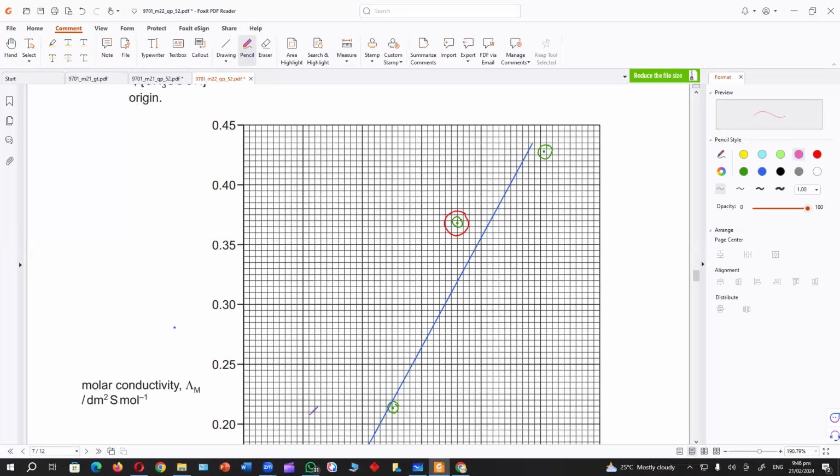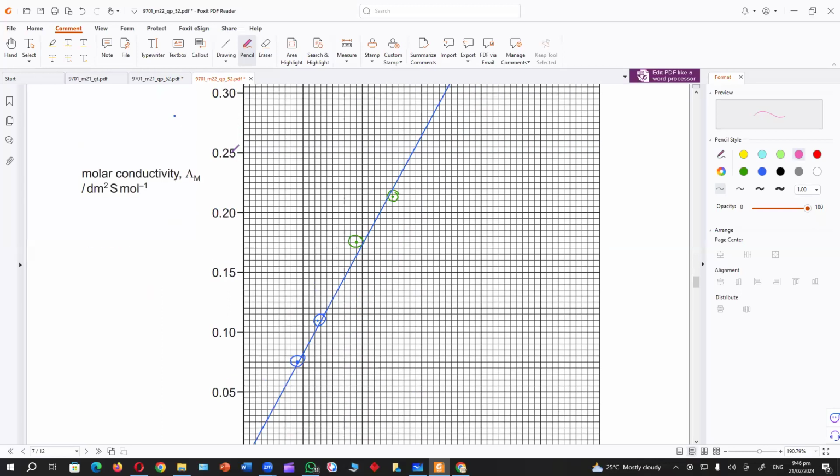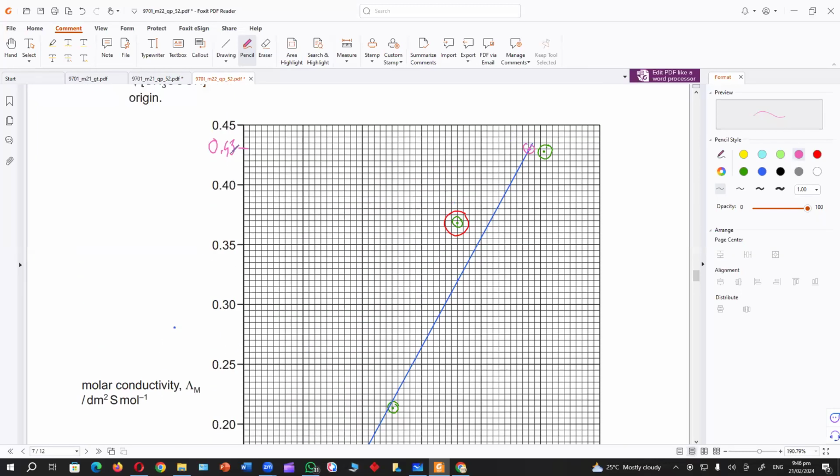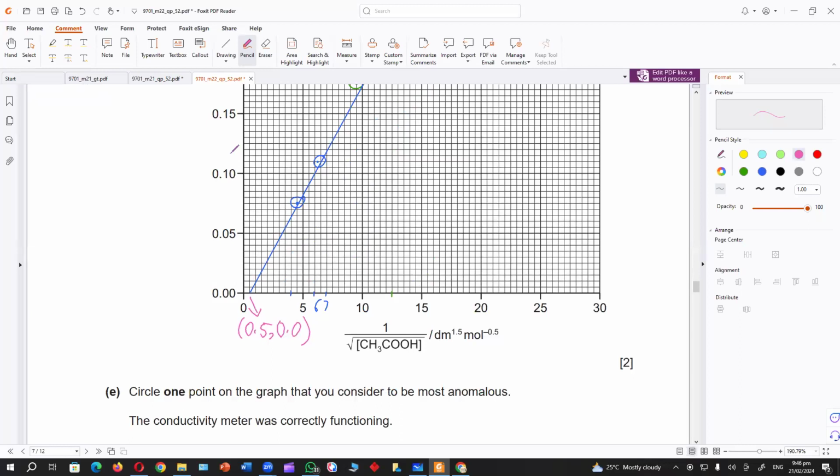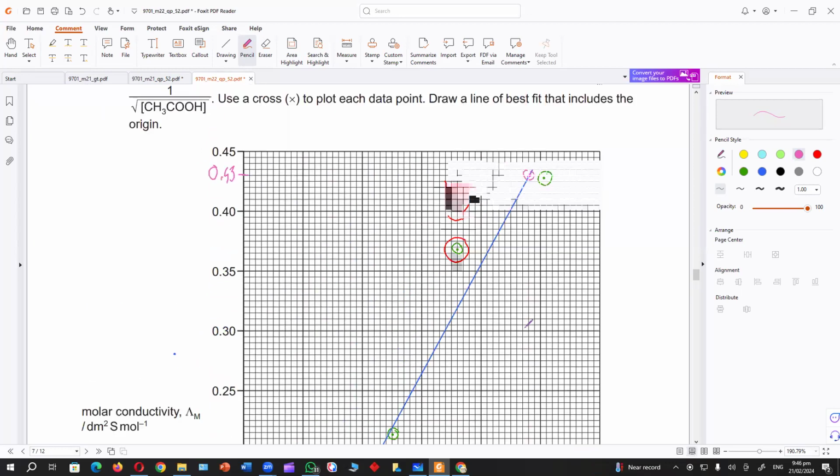Second point, if I go on my maximum position, I can read this point, which is coming at 24, 0.43.